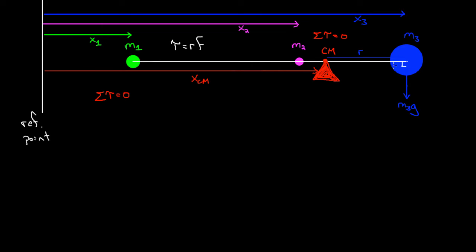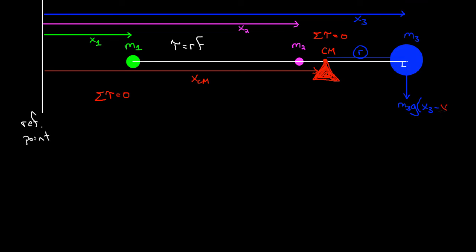The torque for this gravity around the center of mass is going to be r. Well, what is that going to be? It's just x3 minus the center of mass. So you imagine this entire length x3 from this wall or this random reference point to M3. If I subtract the distance from the wall to the center of mass, that gives me this distance here. So I'm just going to rewrite this as x3 minus x of the center of mass.